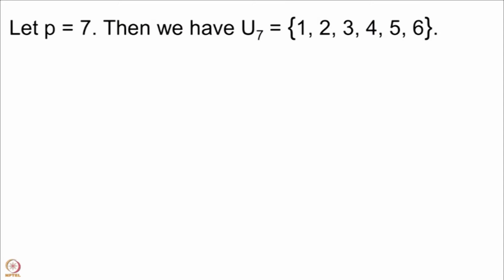So, let us do some computation of Legendre symbols. Let P be 7, and suppose now we want to compute (A/7). So, we have that U_7 is 1, 2, 3, 4, 5, 6. The invertible elements modulo 7 are exactly 1, 2, 3, 4, 5, 6.